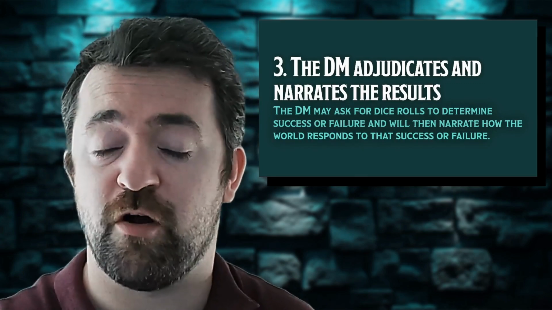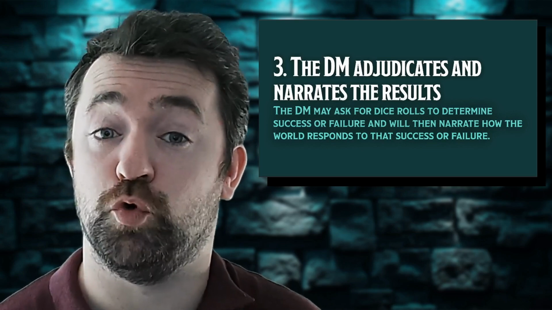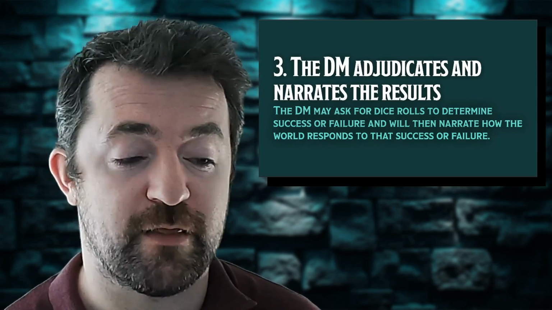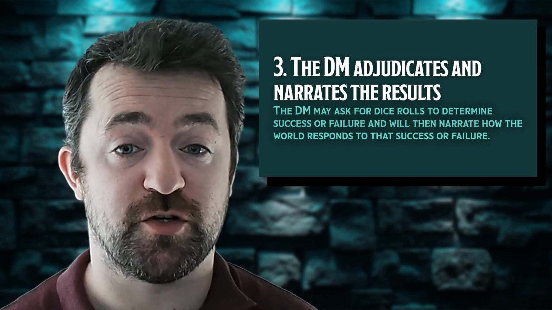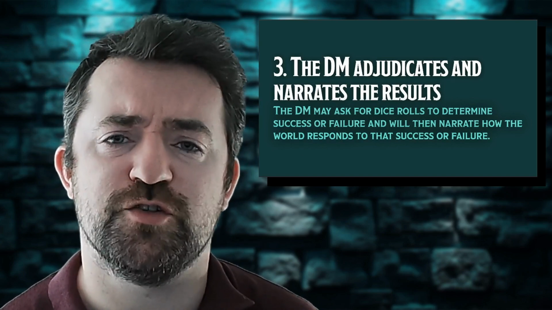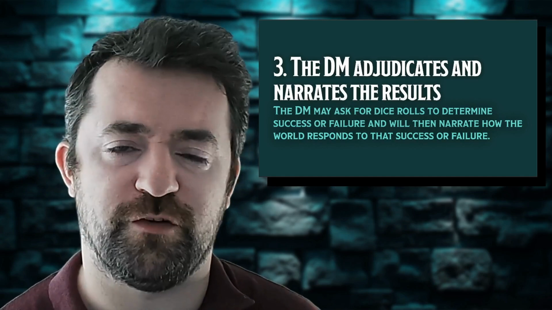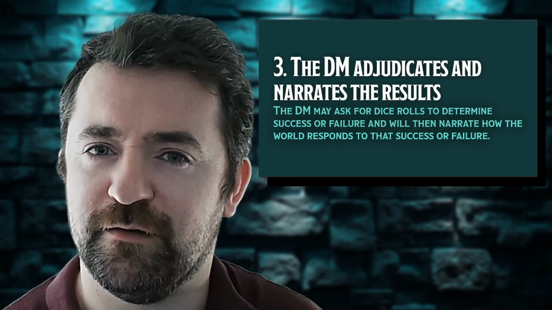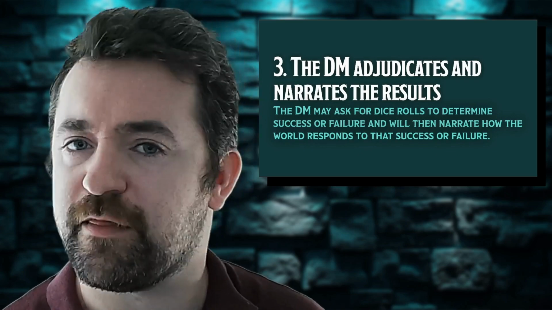So let's say, for argument's sake, that this player character has a +4 in their perception. So they'll roll a d20 and they might roll a 10 on the dice, adding that 4 to give them a total of 14. That might be enough for the Dungeon Master to determine that the player character can hear what is on the other side of that door, and in this case, you can hear a bunch of kobolds nattering to one another.